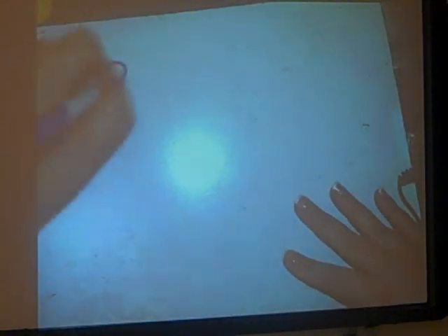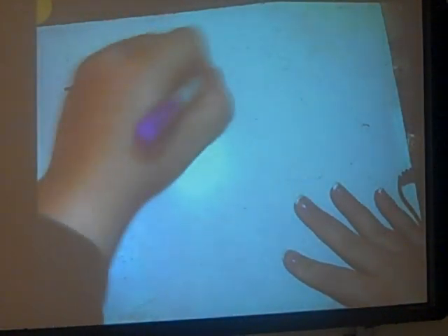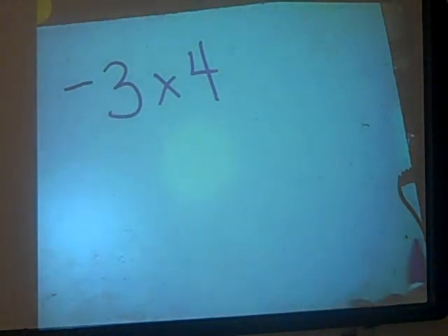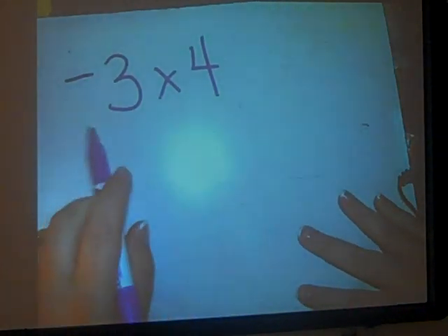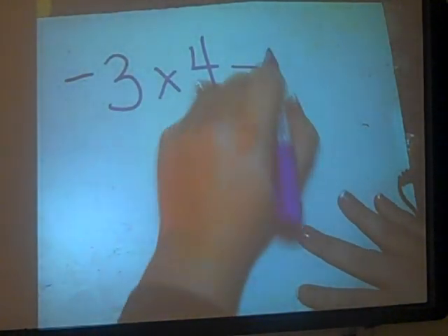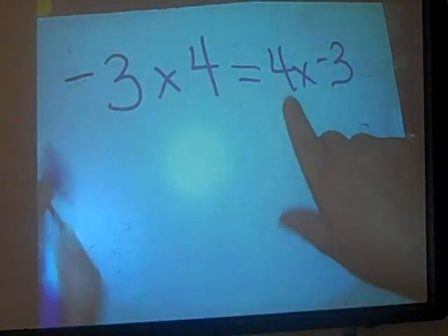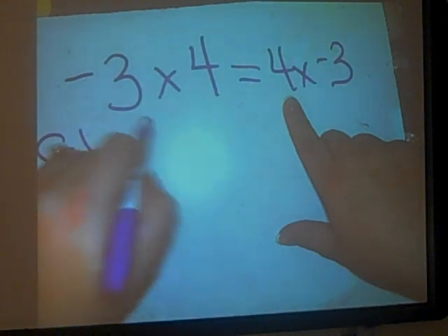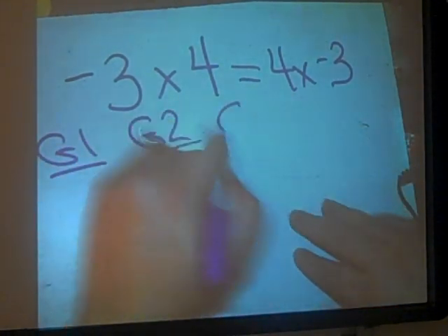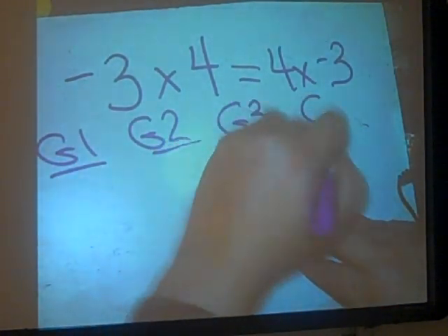So the first one that I asked you to do was negative 3 times 4. However, it's impossible to have a negative amount of groups, so you should have rewritten it as 4 times negative 3. So I'm going to see 4 groups, so G1, G2, G3, and G4.